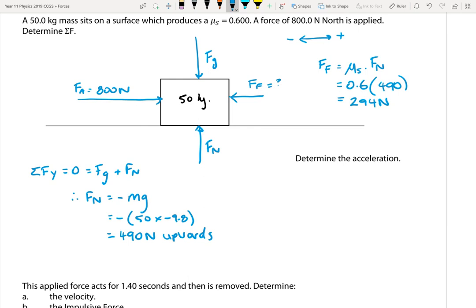So now we've got an unbalance. You could look at this and go, well, if I apply 800 newtons forwards and the backwards force is only 294, you can figure out the net force. So the sum of all forces in X is going to be applied force plus force of friction.